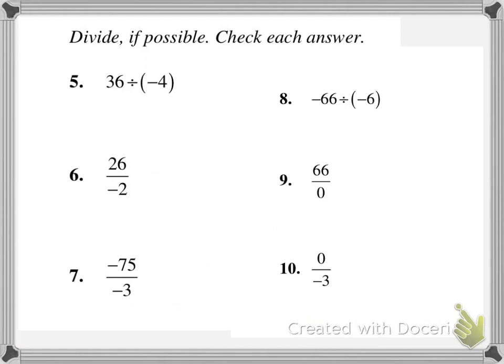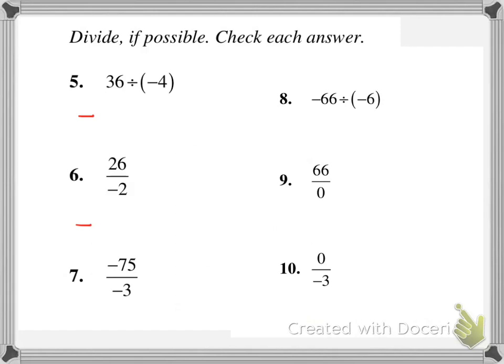So again, let's go through and just identify signs of answers. If I look at the problems on the left, 36 divided by -4, a positive and a negative, my answer will be negative. Number 6, a positive divided by a negative is a negative.